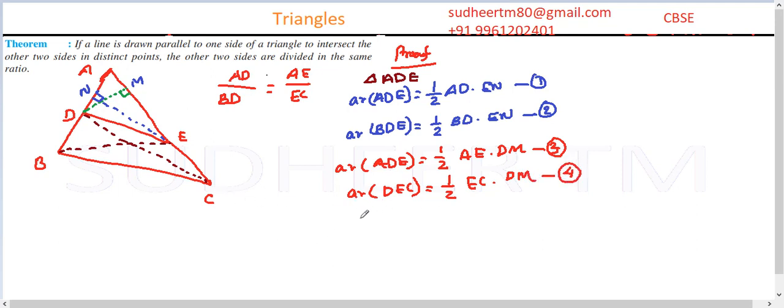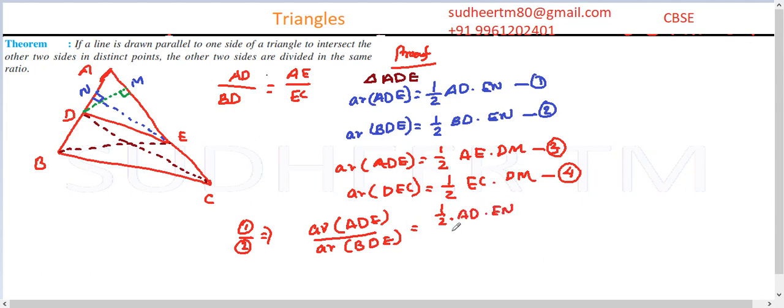Understood? Now consider, just take the ratio between ADE and BDE from equation number 1 and 2. So what we can write here, AR of ADE by AR of BDE is equal to half into AD into EN divided by half into BD into EN.